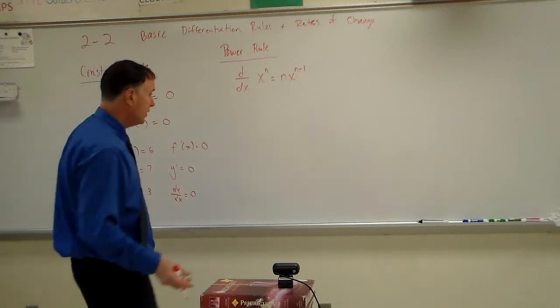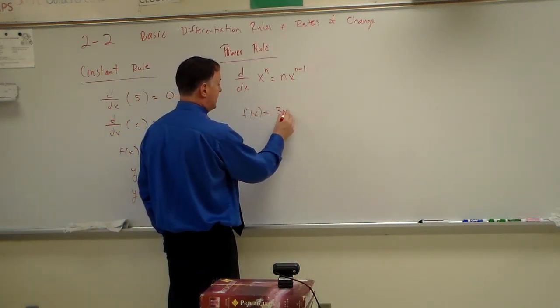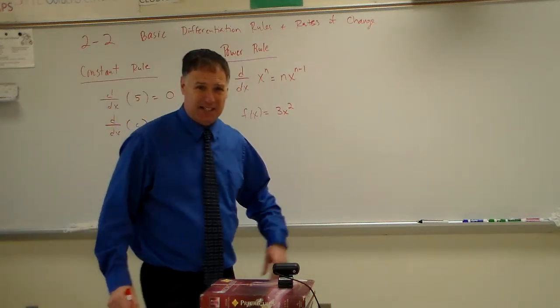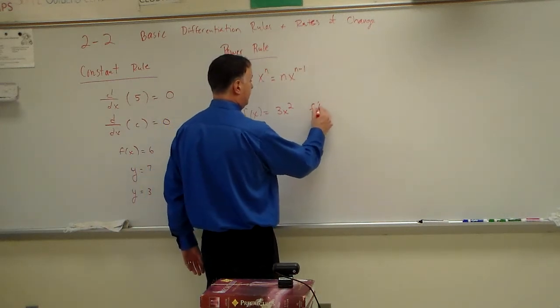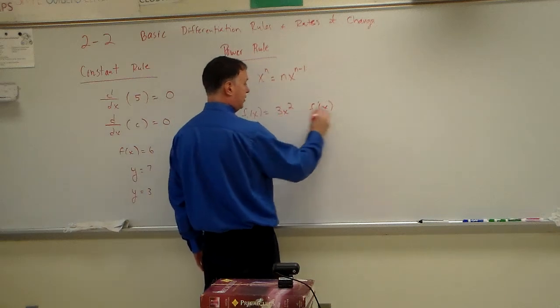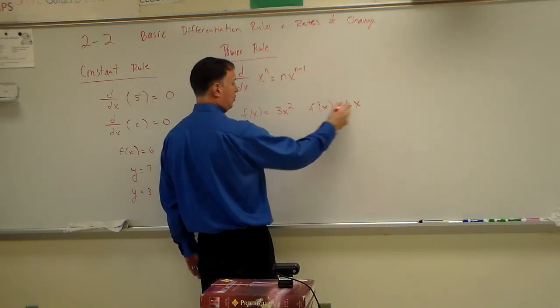So if I had f of x equals 3x squared, we used to put x plus delta x in there, we would square it and all that stuff. Well, here it is. Here it is, my derivative. You take the exponent, multiply here, 2 times 3 is 6. My base stays the same, subtract 1 from the exponent.